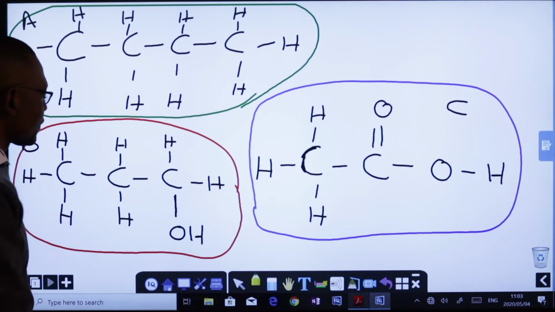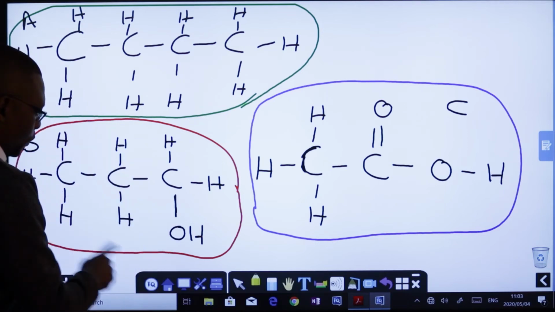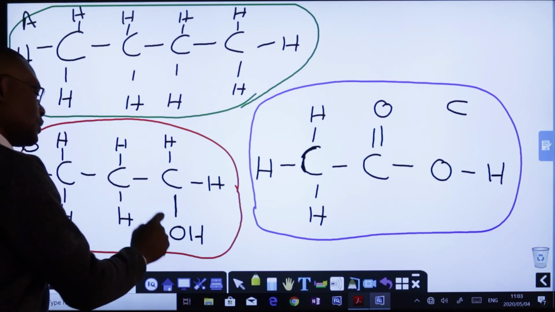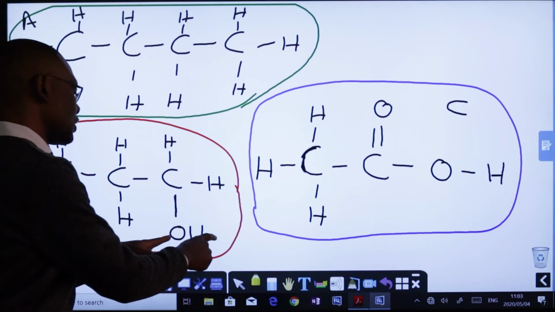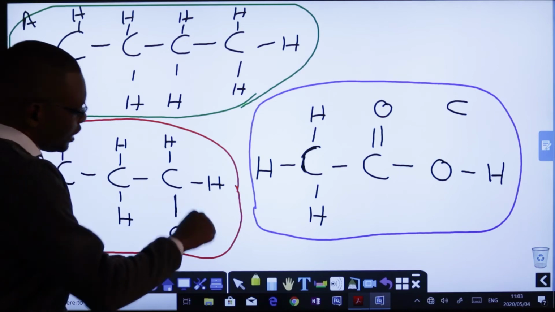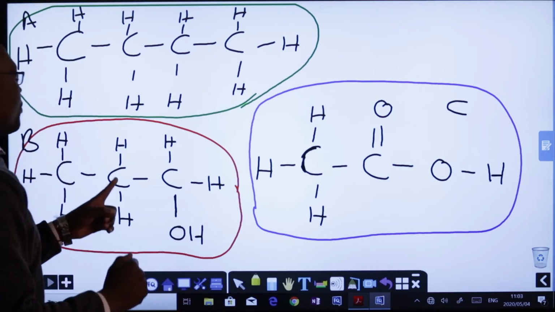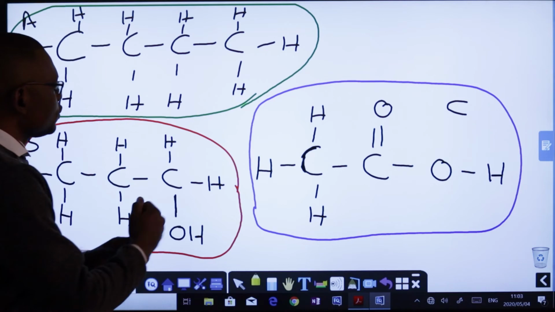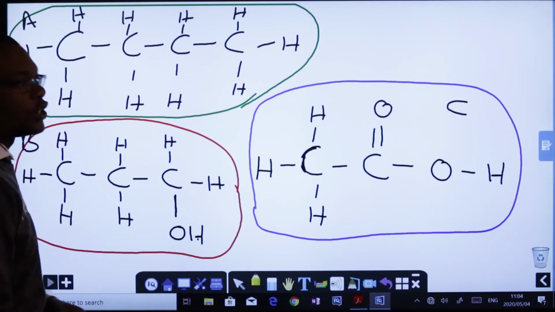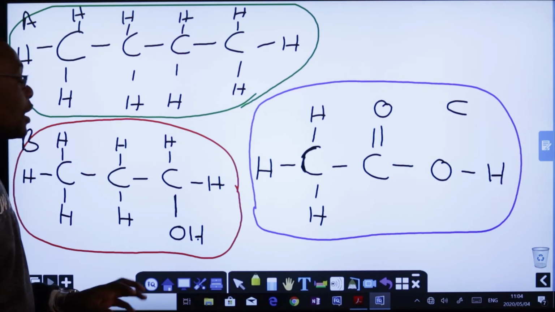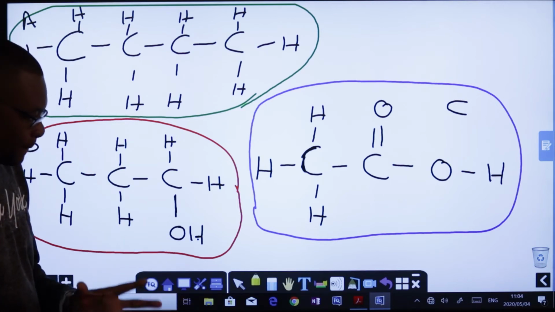Not only that, in each propanol molecule, there is an OH, an oxygen like this, and a hydrogen like this. So on the next propanol molecule, we're going to see that the hydrogen is going to be bonded to the oxygen of the next molecule in a hydrogen bond.